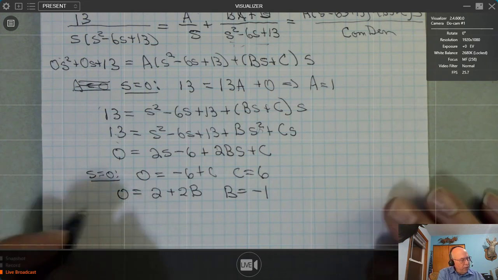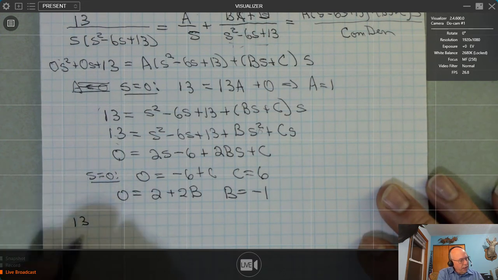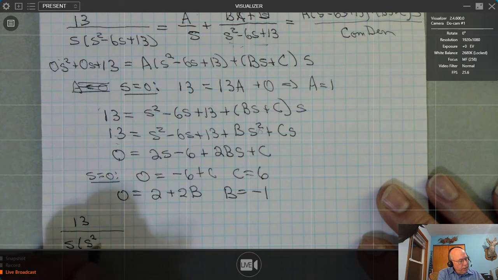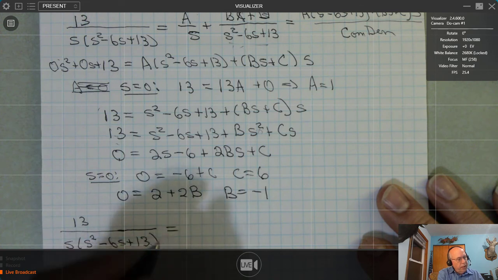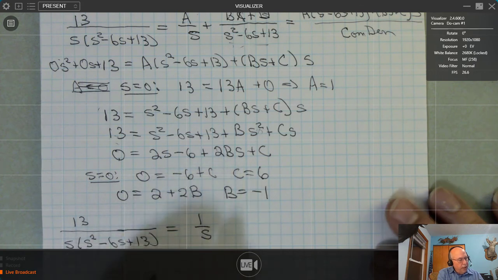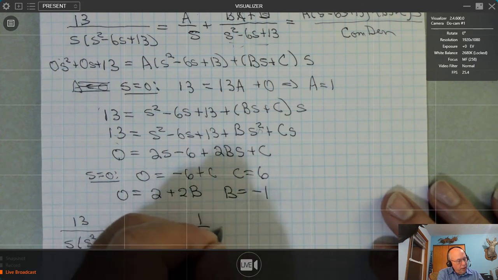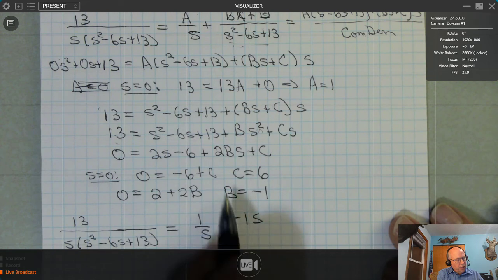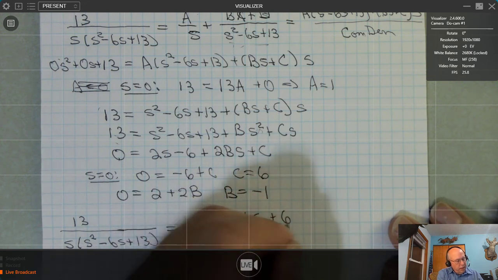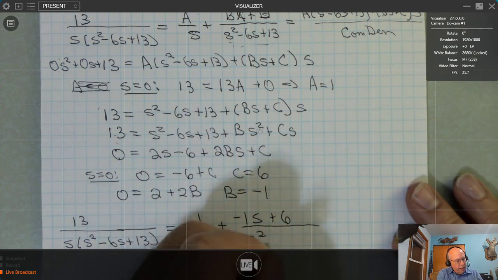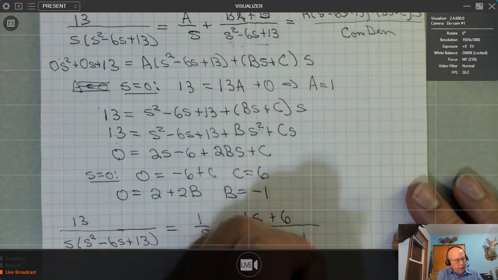So I now know the partial fraction decomposition. 13 over s times s squared minus 6s plus 13 is equal to a, which is 1 over s, plus b, which is negative 1, times s plus c, that's 6, over s squared minus 6s plus 13.